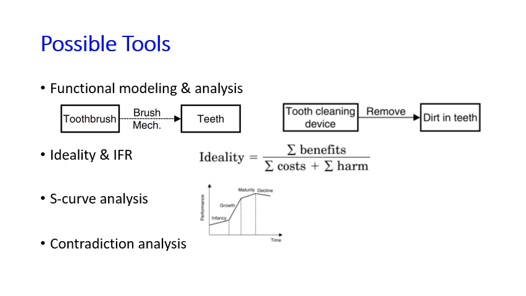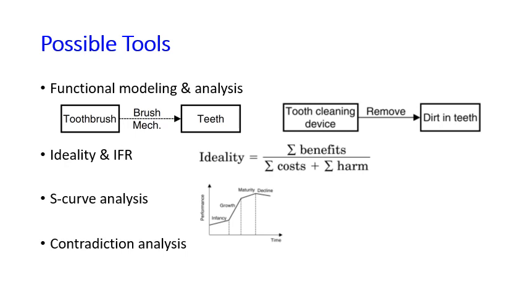The possible tools to help us define the problem are: we can do functional modeling and analysis, and draw the functional analysis diagram. Then we can use the ideality and IFR concept to see how far we are from the ideal solution and what kind of ideal solution we have.